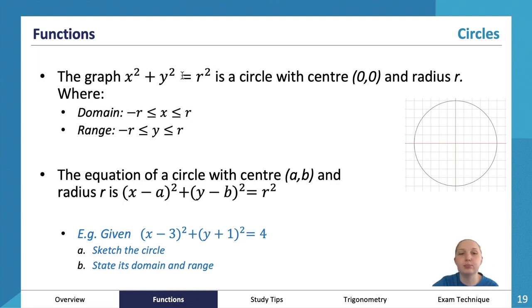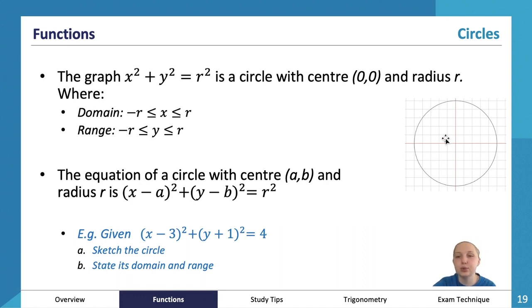If you've got x squared plus y squared equals r squared, the center is 0, 0, and the radius is equal to r. So in general, the domain of this basic function is between negative r and r, and the range is between negative r and r.